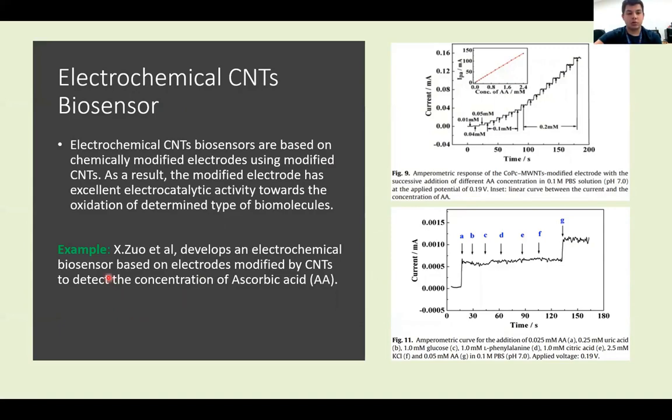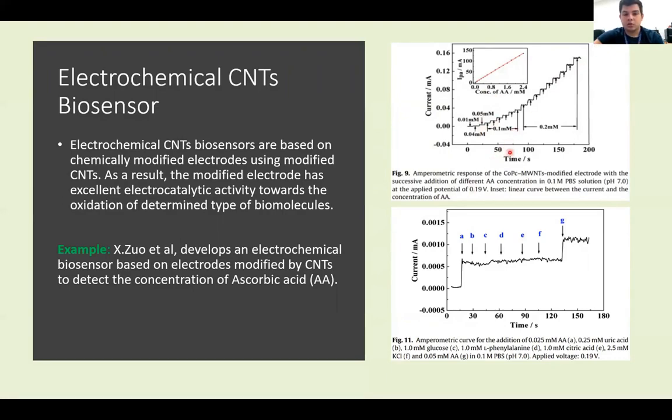For example, Xu et al. developed an electrochemical biosensor that modified the electrodes with carbon nanotubes to detect the concentration of ascorbic acid in a solution. As we can see in the top image, we have a linear dependence of the current over time, changing the ascorbic acid concentration.